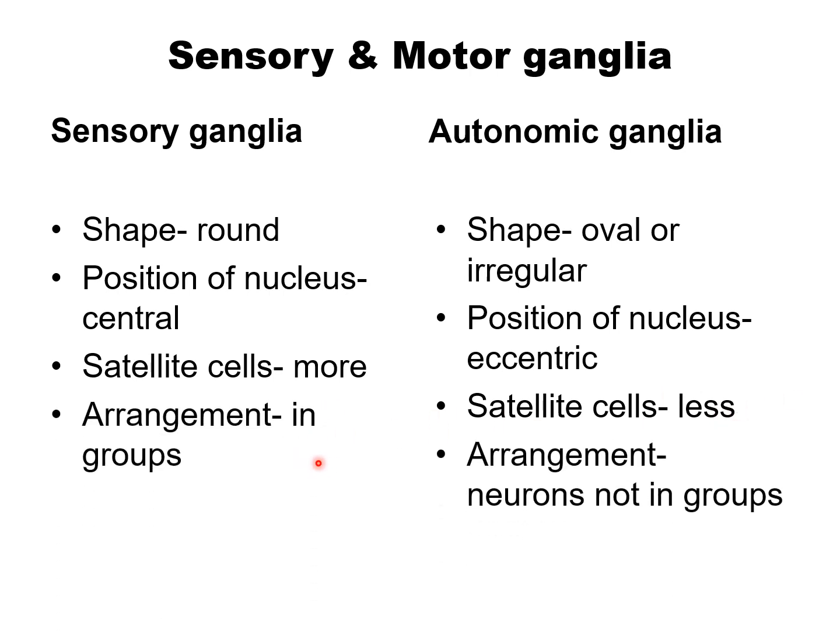And arrangement, already I have explained. The sensory neurons are arranged in groups separated by nerve fibers. And in autonomic ganglia, the individual neurons are separated by nerve fibers, not arranged in groups.